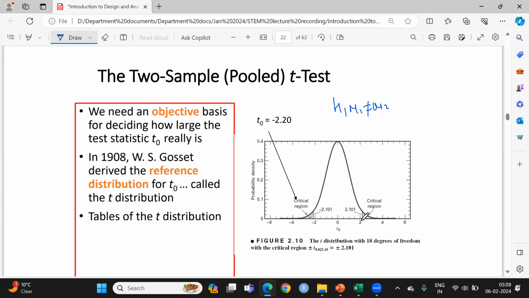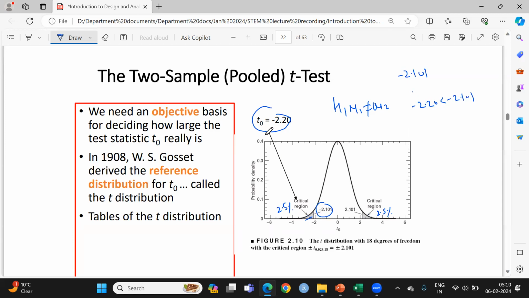If we consider a 5% level of significance, it means that we are skipping 2.5% on the left side and 2.5% on the right-hand side. So we got a critical value of minus 2.101, but the value we got from the test statistic is minus 2.20. So minus 2.20 is less than minus 2.101.